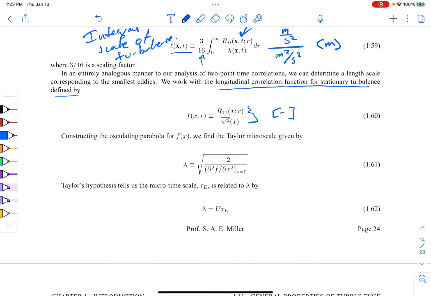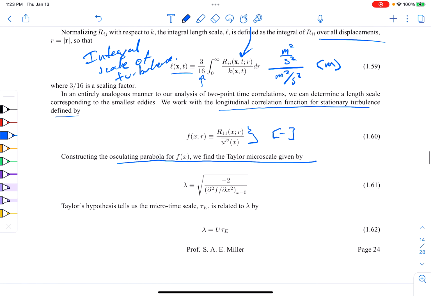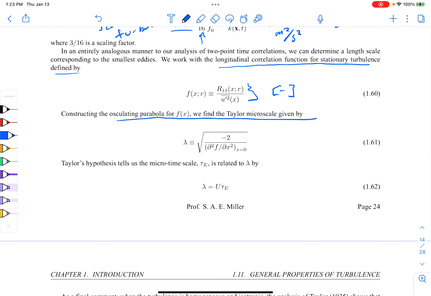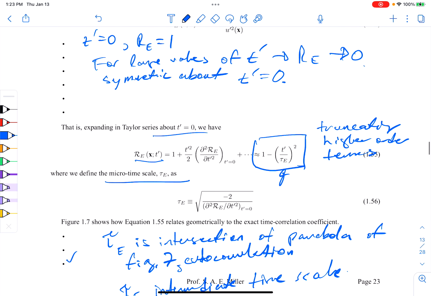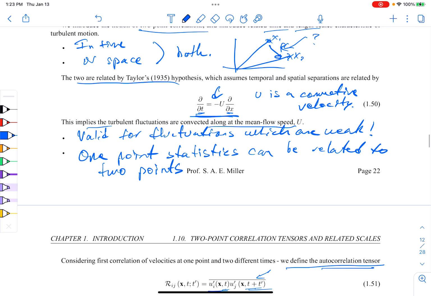And we'll try and construct a parabola for F, just like we did up here for the intermediate time scale. So we have one for space. And using Taylor's hypothesis, which was up in equation, I'm going to go way up here. What equation was that? 1.50.